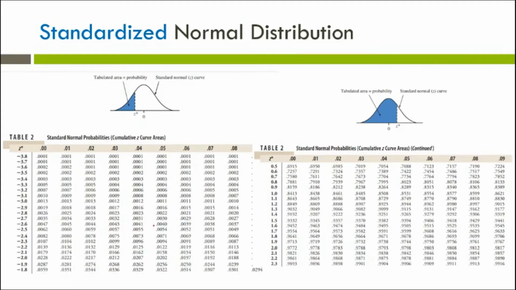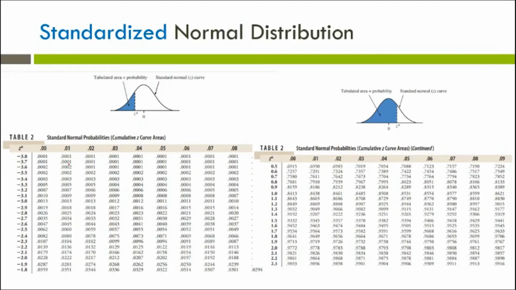Now you have values on the first column: negative 3.8, 3.7, and so on. We also have values on the first row, which will be our column headers. You have 0, 0.1, 0.2, 0.3, 0.4, 0.5, and so on. The list would go on.